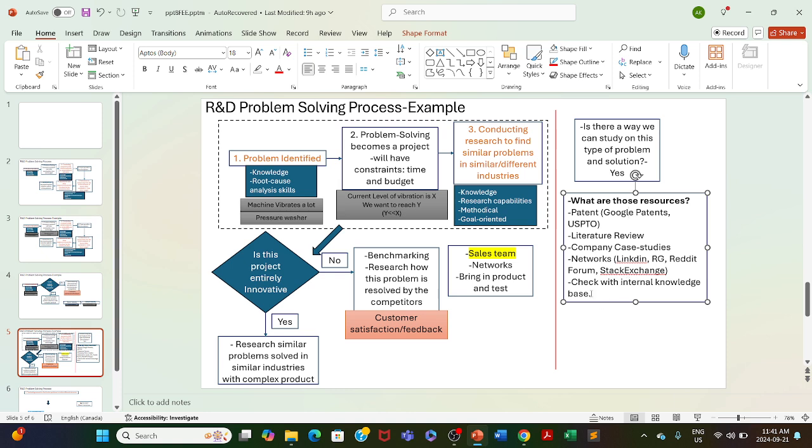This is important, considering you may already have a project that your teammates or someone in your company knows a bit about. For example, say for vibration control, you have zero knowledge about how vibration is controlled, and you have someone who has been testing vibration for a long time.